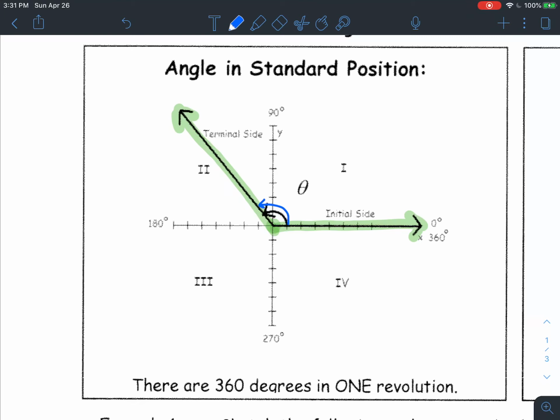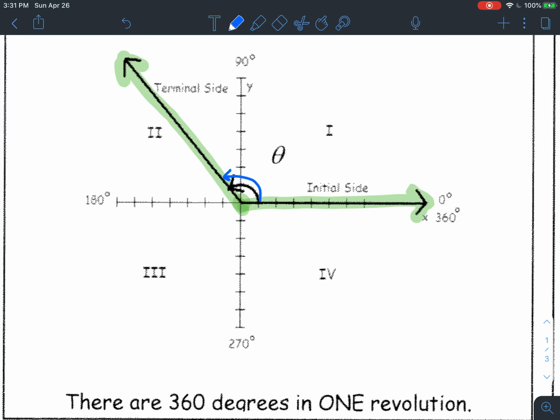Some other things to note here, since we're putting it in standard form now, we have our different quadrants. Again, this is coming back from geometry. We haven't addressed it a whole lot in Algebra 2. But just describing our quadrants, here they're labeled quadrant 1, quadrant 2, quadrant 3, and quadrant 4. And that's based on where my x values are positive and y values are positive, or positive and negative of any of those ones.